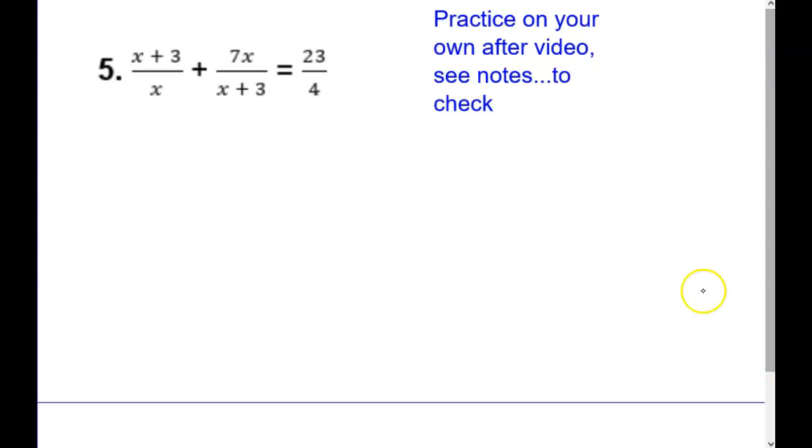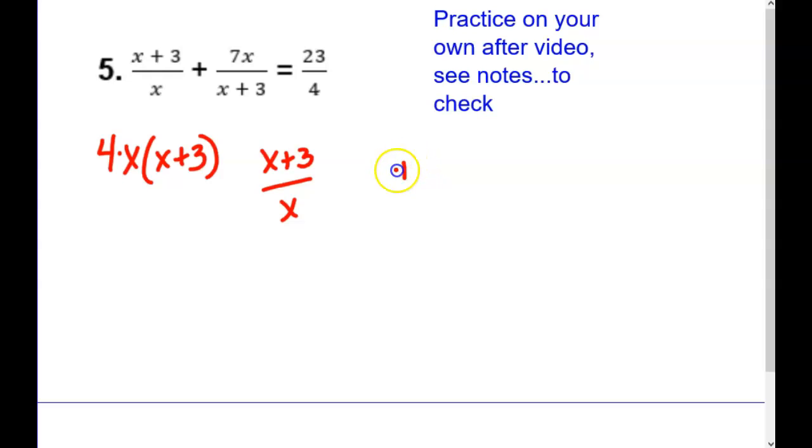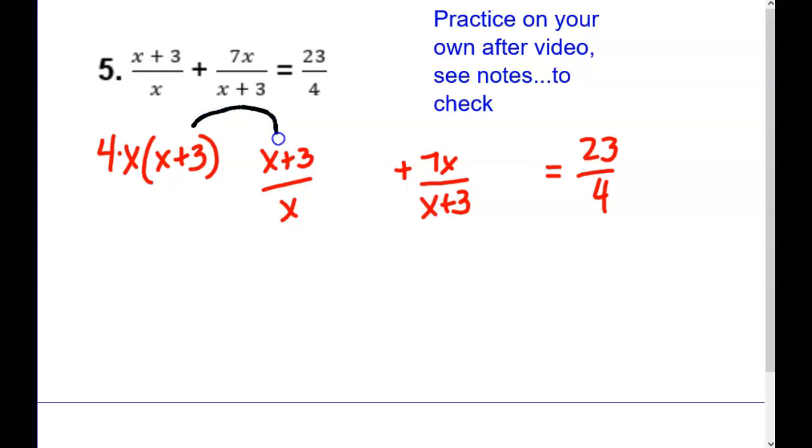What is the common denominator this time? 4 and an x plus 3. I'm going to try to show a little less work. So if I multiplied here, ugh, that's really gross, isn't it, guys?